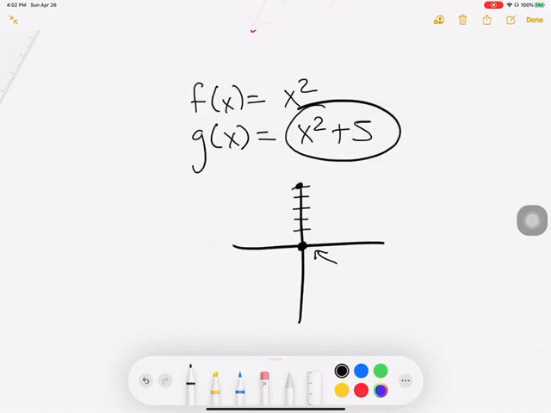And this is what the graph of g is going to look like. And the graph of f of x looks more or less something like this, a parabola. Okay, so the graph of g in this case is going to look like a parabola also, but going up 5 units. Now, if I give you another example, see, I didn't even have to graph anything.